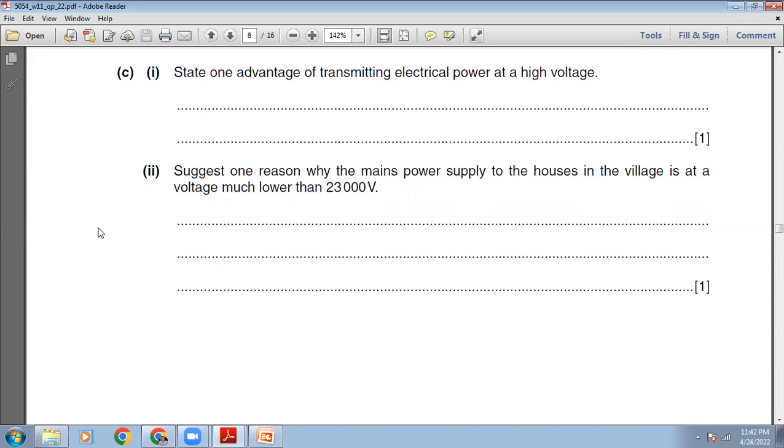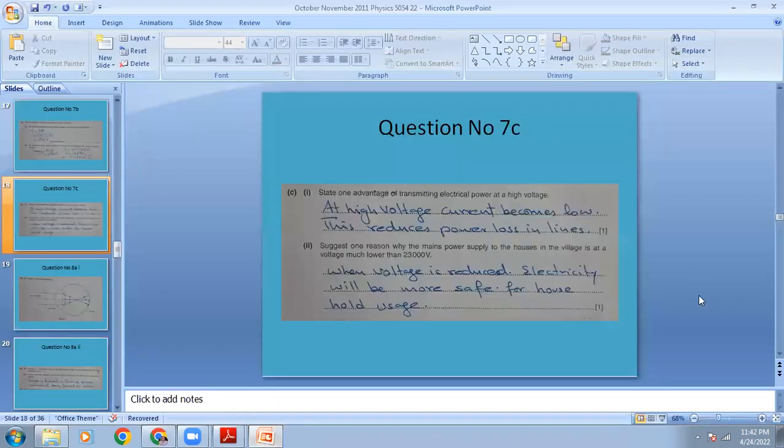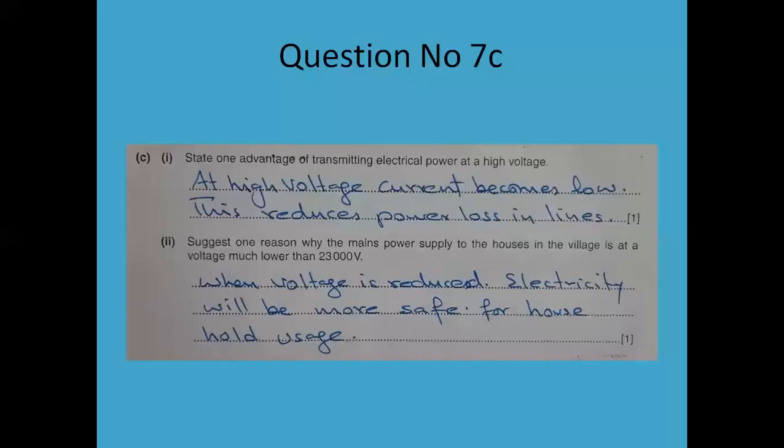When you bring the electricity to a household, you reduce the voltage, for example, to 220 volt in Pakistan by using the step-down transformer, because 220 volt is safe, and the insulation on the wires at this voltage will not normally melt. When the voltage is reduced, the electricity is safer for household usage.